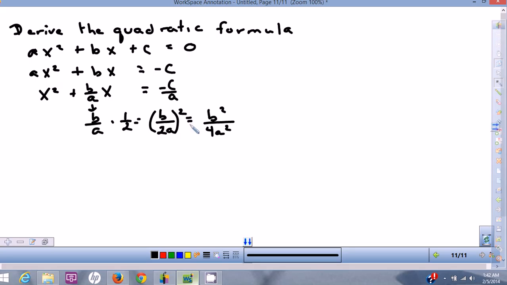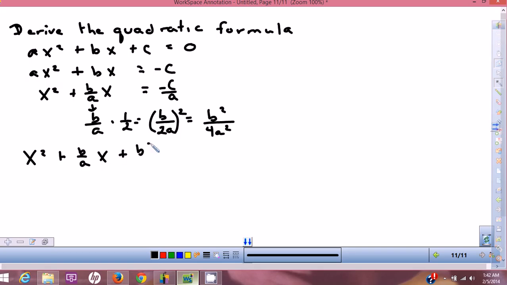So I now have x squared plus b over a x plus b squared over 4a squared is equal to negative c over a, what I already had, plus b squared over 4a squared. So I'm just completing the square.